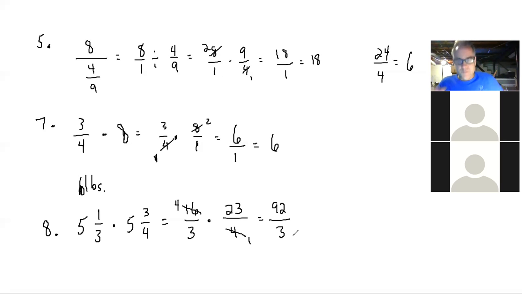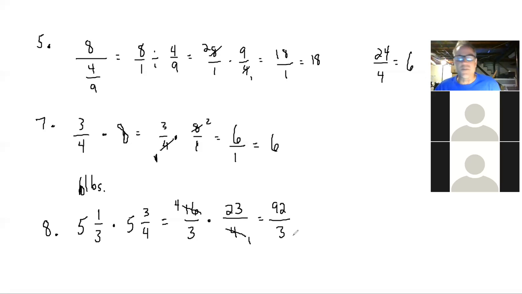Now, you're not going to have the option here of typing in 92 over 3. If you do that, I want to see what happens, in terms of how it tells you it's wrong. Sometimes it will say correct answer, incorrect form. And it just says it's incorrect.